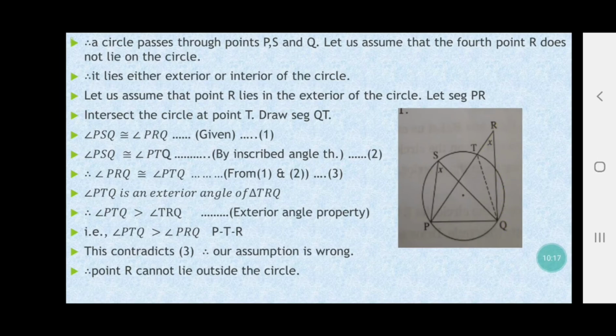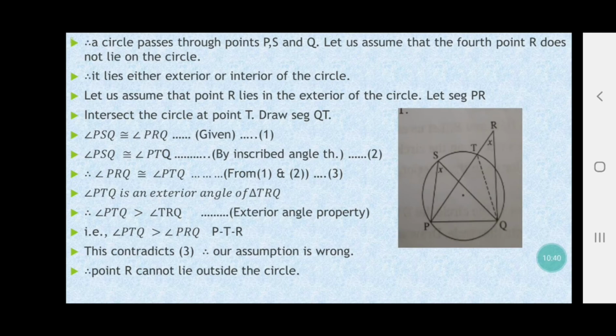But this is contradicting my equation number 3. So whatever our assumption was is wrong, that point R lies outside the circle. Point R cannot lie outside the circle. It will be either inside the circle or on the circle.